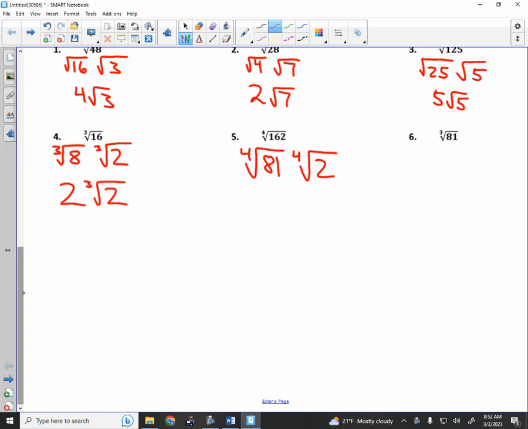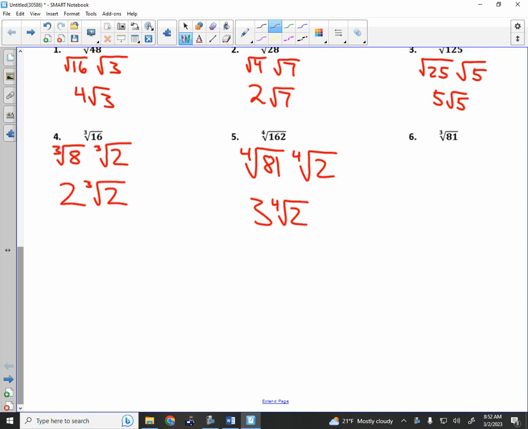What is the 4th root of 81? 3. So you get 3 4th roots of 2, which is probably something you've never written before, have you? Like that actually feels weird to write it with your hand. You're like, what is that?